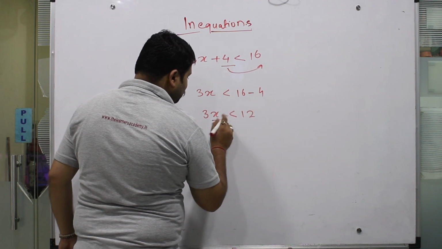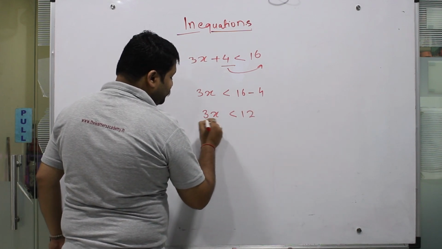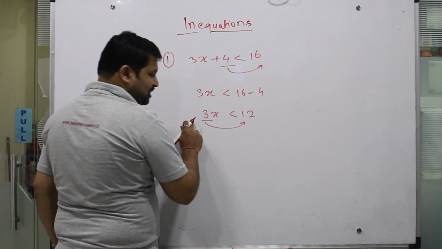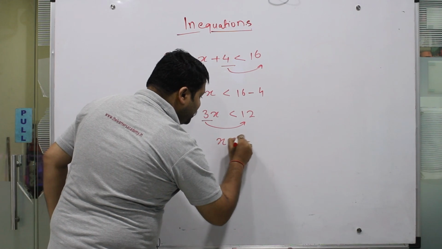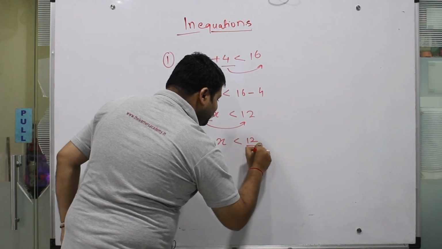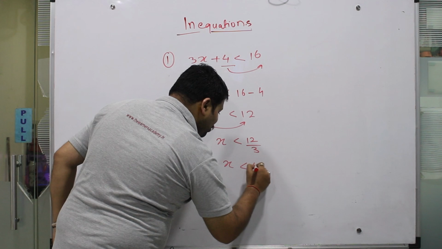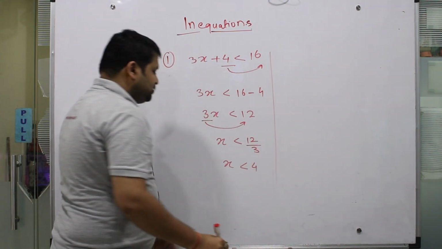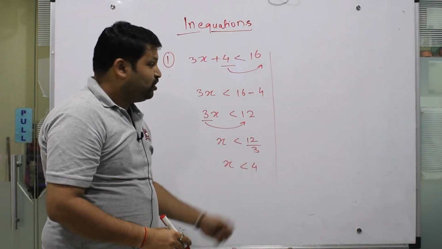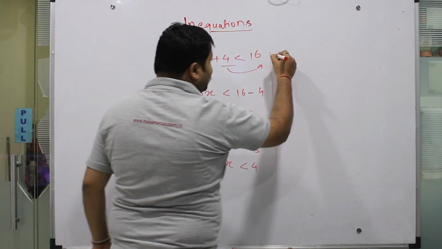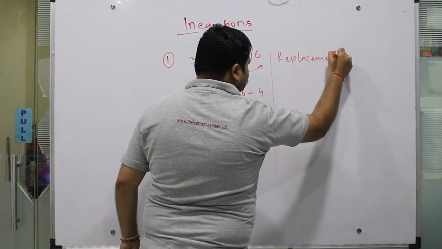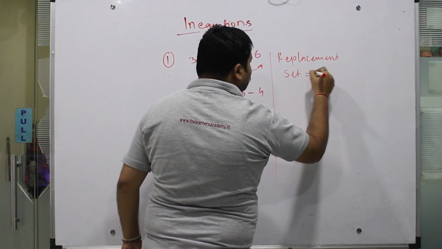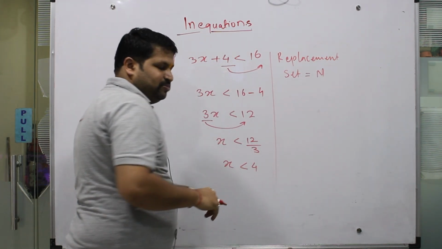Now I have to find the value of this x. So this 3 is multiplied here, transposed on the other side, it would get divided. So I would get x is less than 12 by 3, giving me x is less than 4. So this is telling me that x is less than 4. And what is my replacement set? My replacement set is the set of natural numbers.